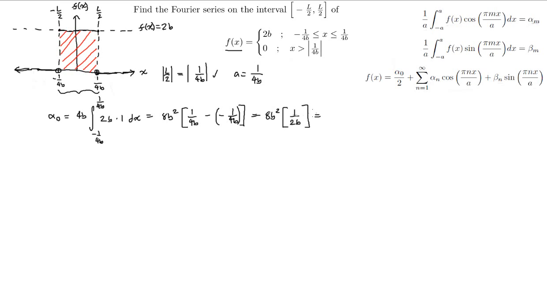And so I'm going to get a factor of b that cancels out here, and this 8 is going to cancel out with this 2 and become a 4. So I have a 4b, right?